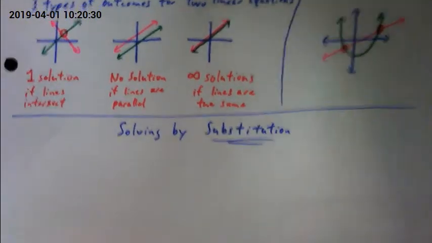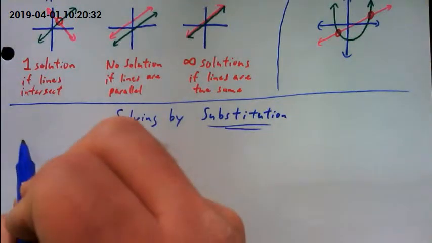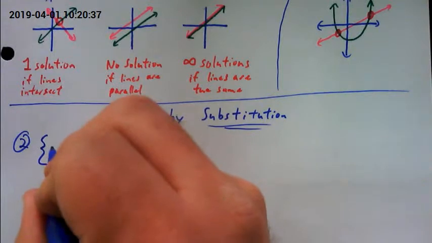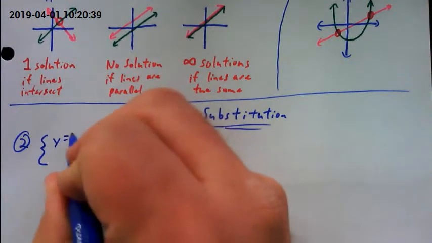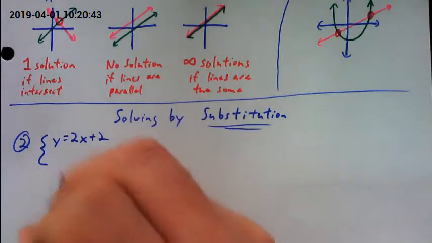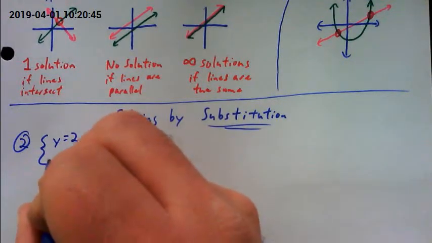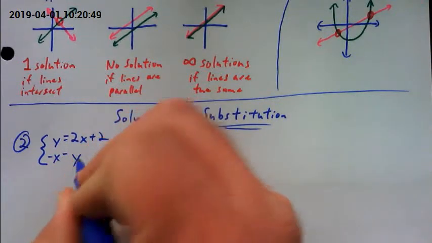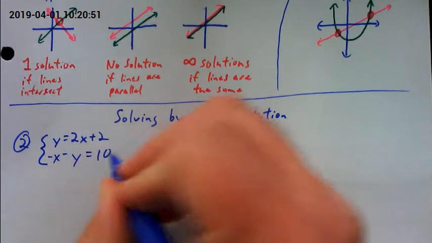So I'm going to give you 2 equations. So here we have our system, y equals 2x plus 2, and negative x minus y equals 10.